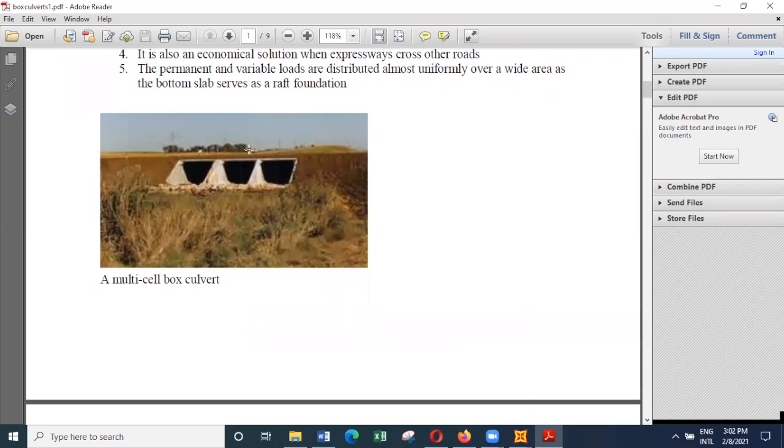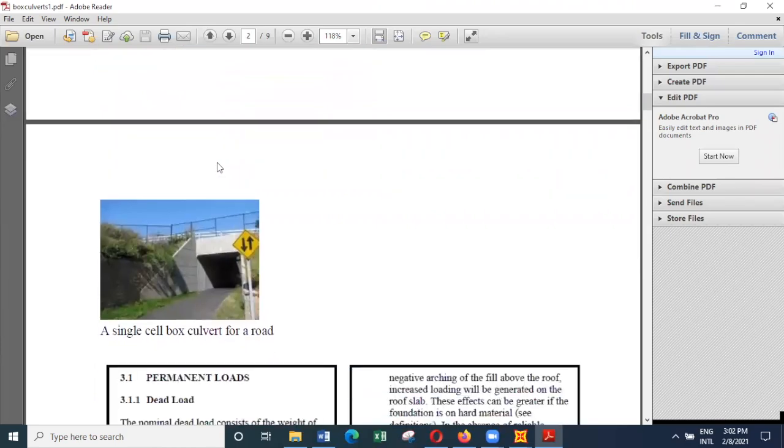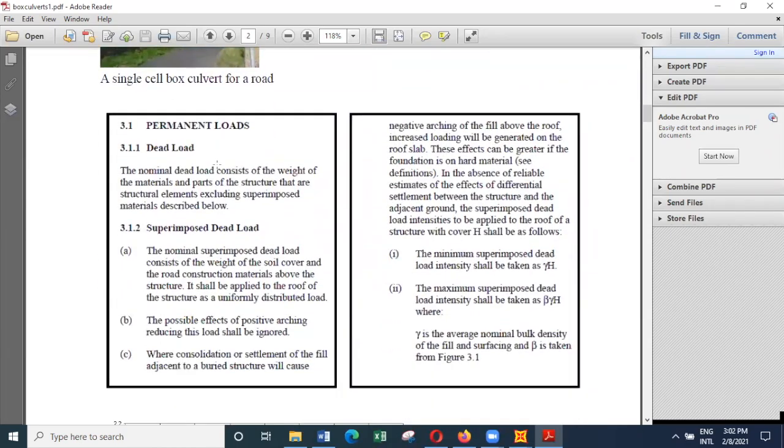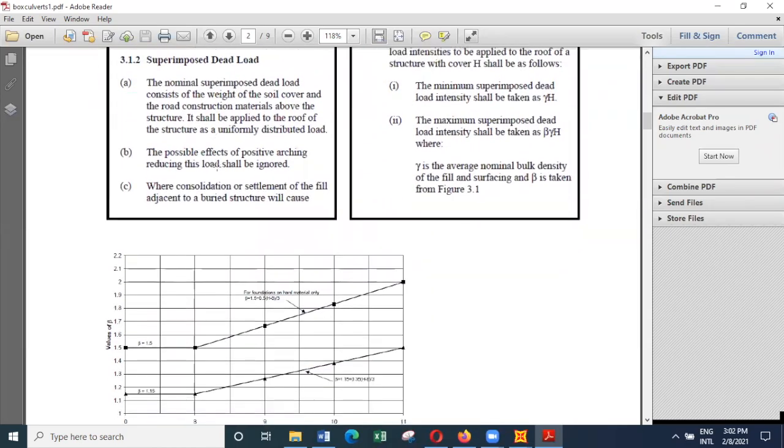When we have say 1 meter of soil fill, it can actually increase by about 15% because of these various arching actions within the soil. So when designing, we have to consider an additional beta factor for the weight of the soil that is acting above.